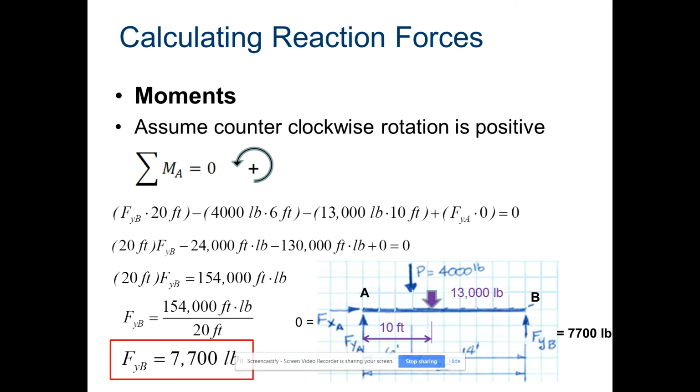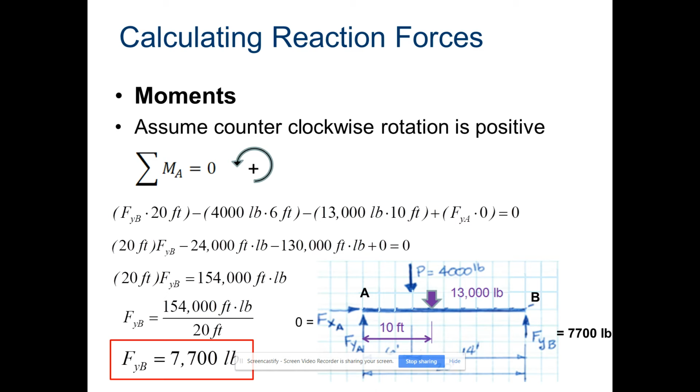Okay, so remember, we have to include force and distance. We're talking about moment now. All right, so I am ignoring FYA. I don't know why that's in there. We are taking the moment about that point, so that is going to be 0. We're not looking at that. We're trying to solve for FYB right now.